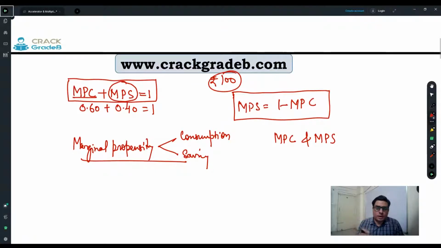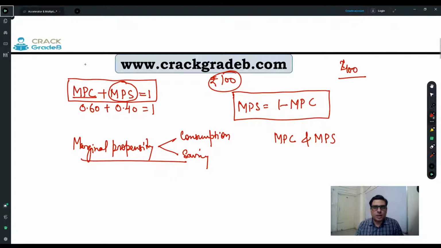So for 400, we will take the average, total upon increase. Whereas when we go for the marginal, it is different. Average means total upon number, that is average propensity to consume. So suppose now you have 400 total income.